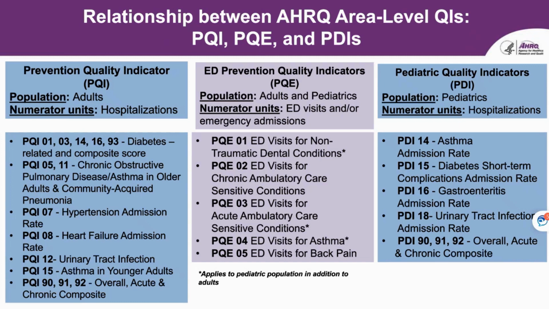PQIs include 10 individual measures, which are also combined into 4 composites, while PDIs include 4 individual measures and 3 composites. The PQEs are essentially 3 indicators based on individual conditions, PQEs 1, 4, and 5, and 2 composites, PQEs 2 and 3. But the PQEs for individual conditions and the composites don't overlap.